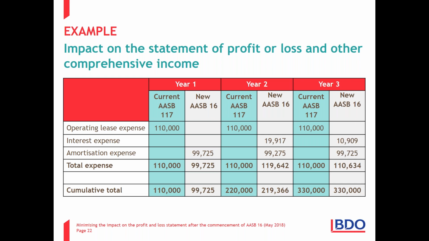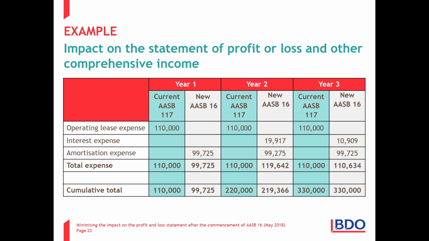Although you can see it in this example, it would be clearer if the period was longer, but generally, the total expenses relating to a lease under the new standard would be more than the operating lease expense under the current standard at the beginning of the lease period because of the impact of the interest charges.